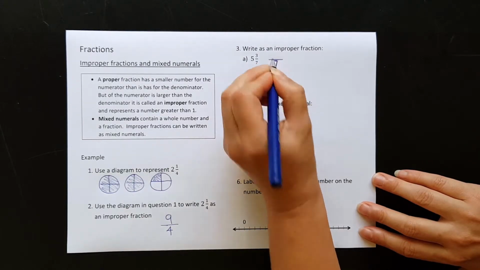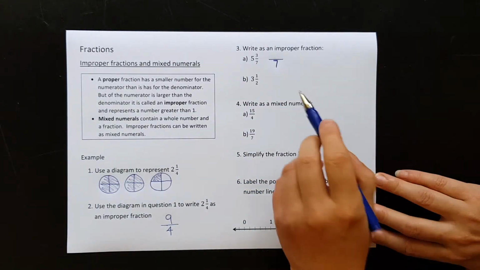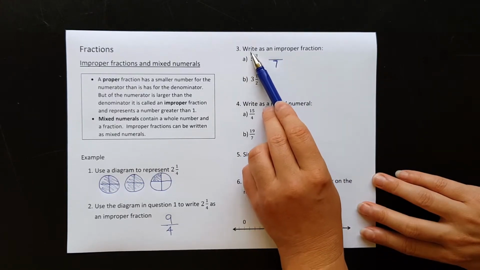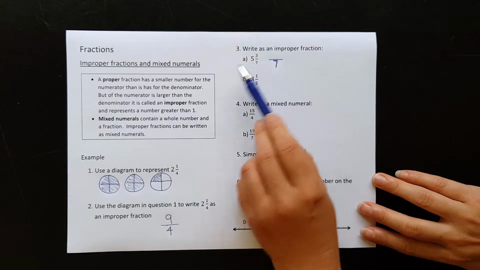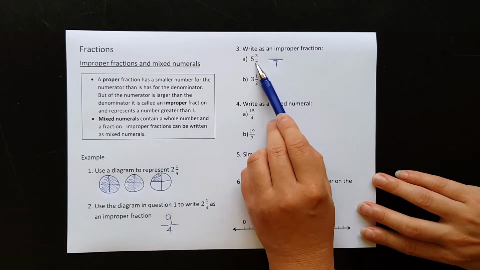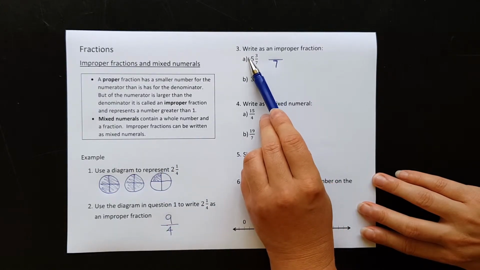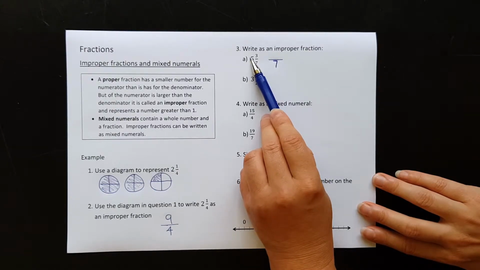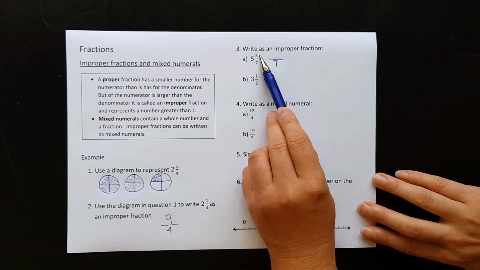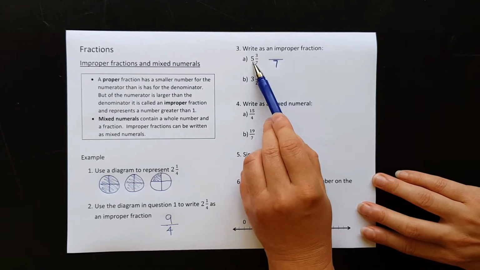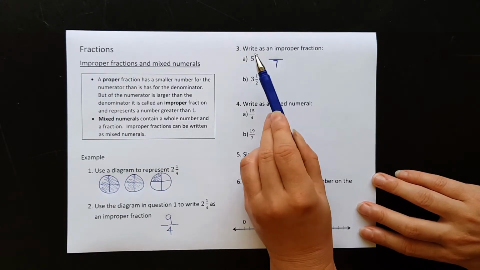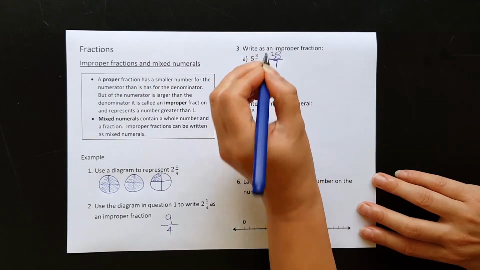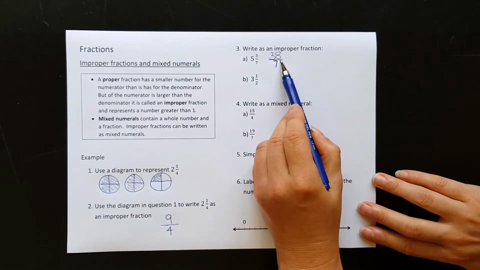It's always going to be on the bottom. We just have to work out what's going to go on the top. If I have 5 whole circles that have 7 pieces in them, I really need to multiply those numbers together. 5 times 7 is 35, plus I have 3 extra pieces. So 35 plus 3 is 38. Without drawing it, I now have the improper fraction.